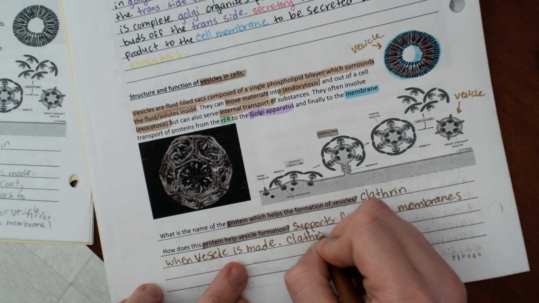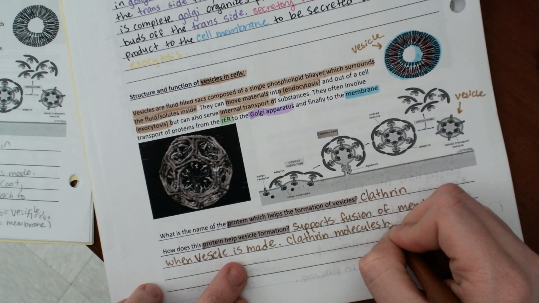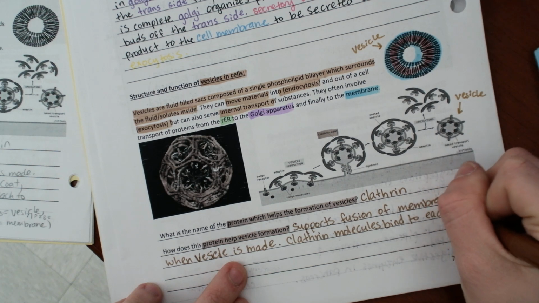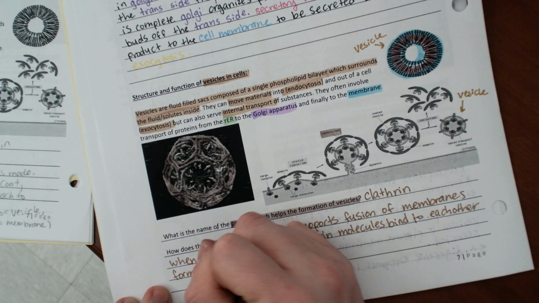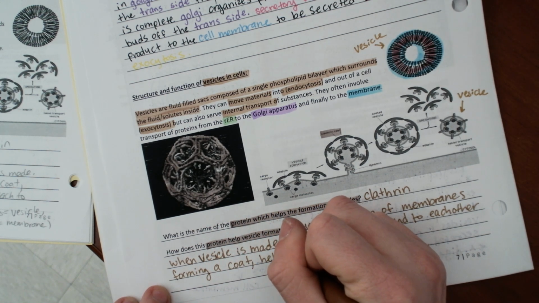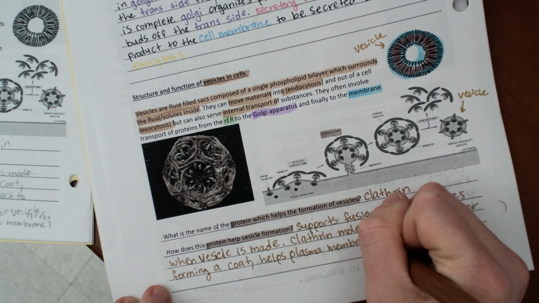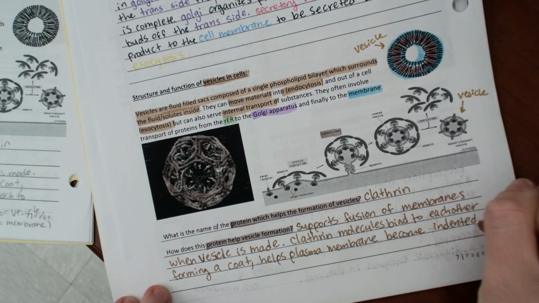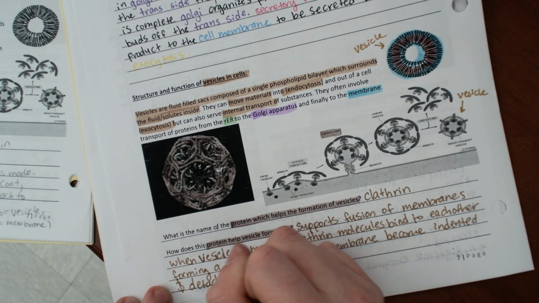Clathrin molecules bind to each other, forming a coat. It helps the plasma membrane become indented and detach to form a vesicle.